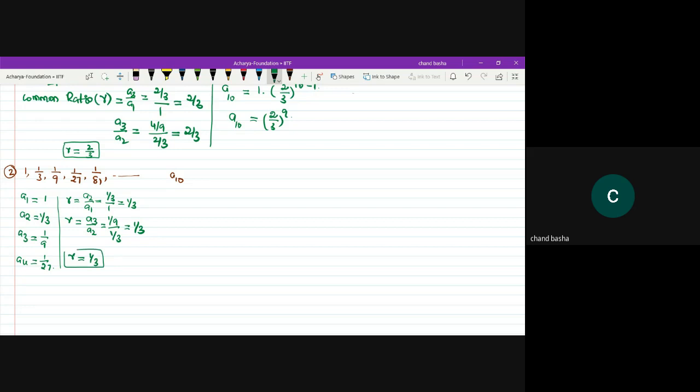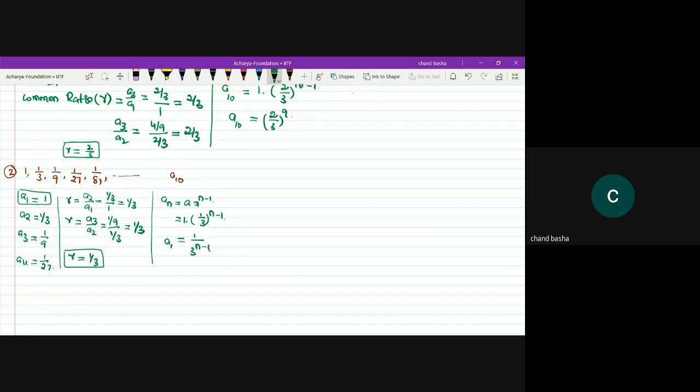So when we have the first term, that is A is equal to 1, and the common ratio, let us have the general term AN is equal to A R power n minus 1. That is equal to (1 divided by 3) whole power n minus 1.